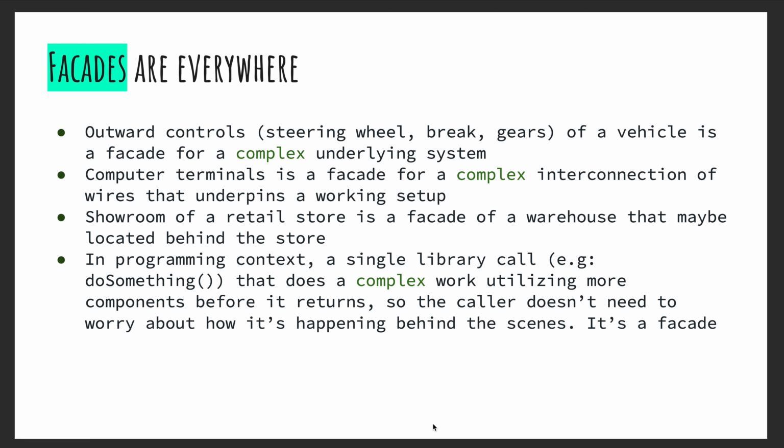A client or another program that is making use of that particular function doesn't need to know about those individual operations that happens underneath that facade function. So that function hides the complexity of its operations, so it becomes a facade.